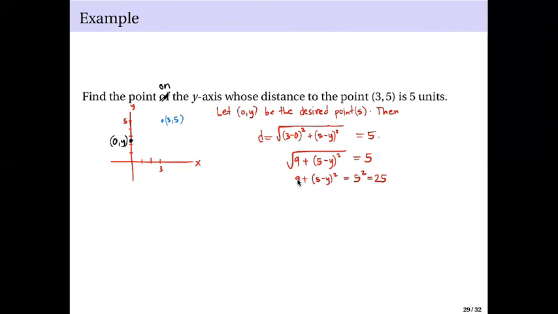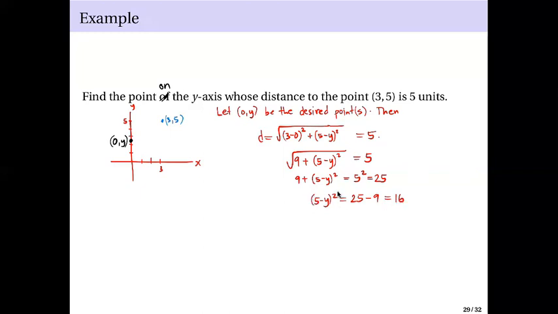And then we solve for y. We move the 9 to the other side. So you will have (5 minus y) squared equal to 25 minus 9. But 25 minus 9, that's just 16. Okay? And now, (5 minus y) squared equals 16.